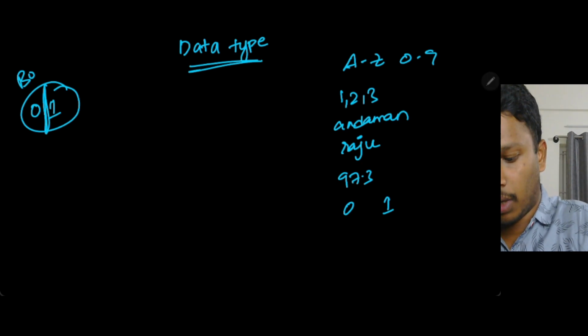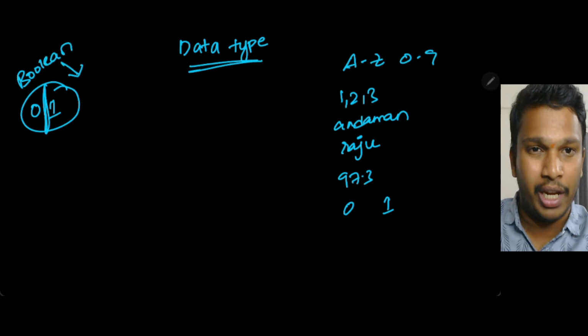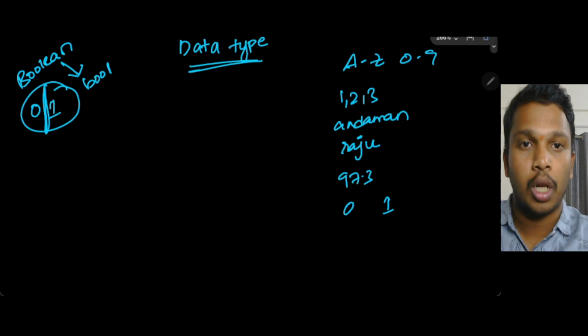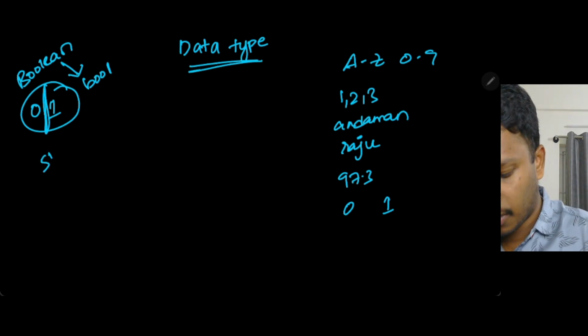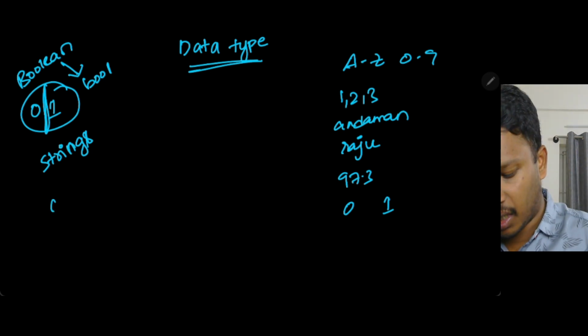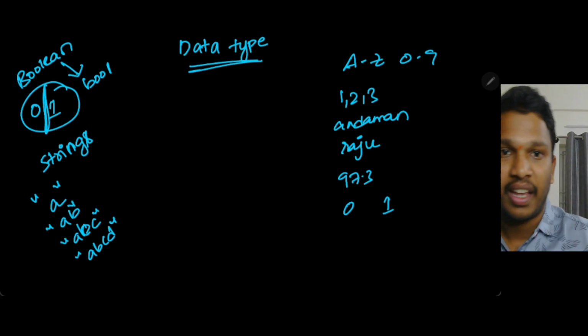In Python, we call it Boolean. The normal English name is Boolean, but in Python, for simplicity, they keep the name as bool. Again, strings. What are strings? Everything, like A, B, ABC, ABCD, whatever is present in double quotes is a string.